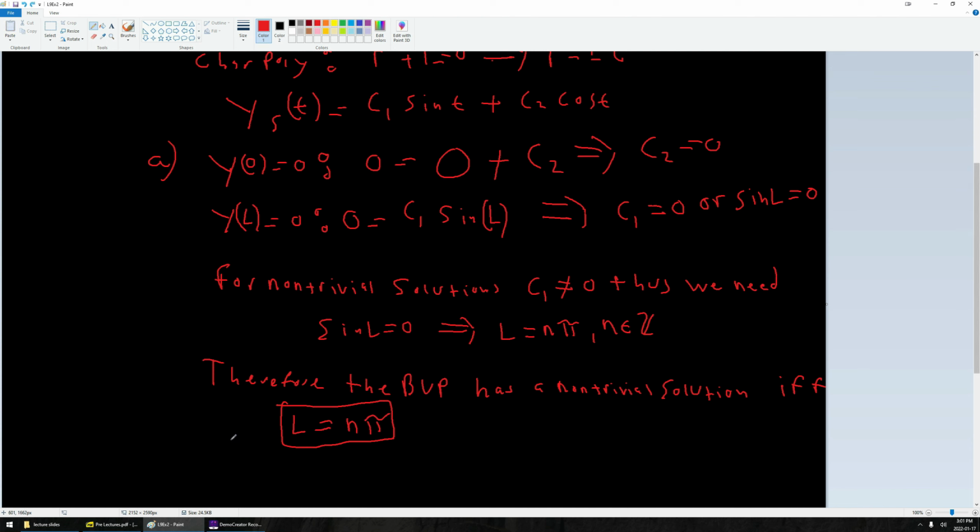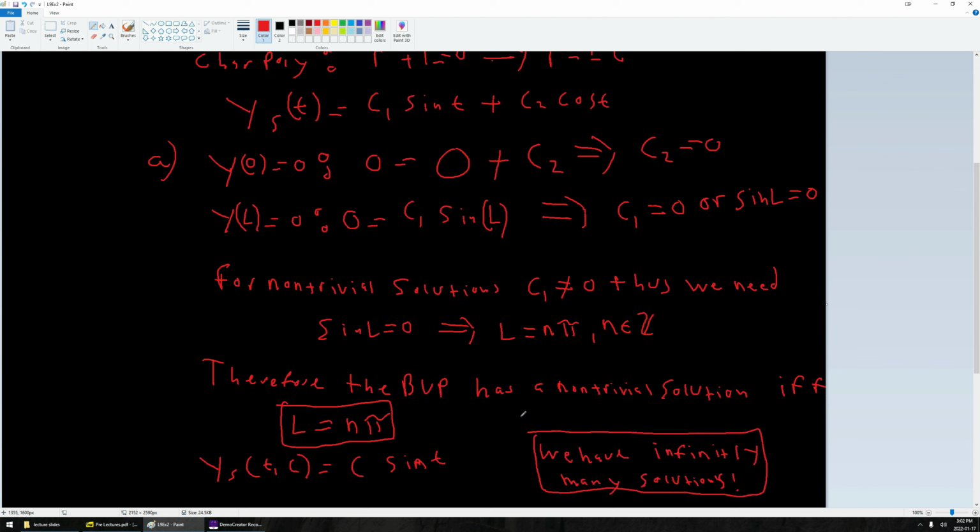And in particular for this case, our solutions now would be y_s(t, c) = c sin(t). This sine term goes to 0, so c can be any arbitrary parameter. So thus, I really am having an infinite family of solutions, like so. Okay, so that's kind of interesting. In this case, we have infinitely many solutions.